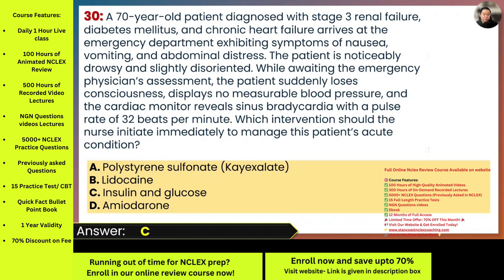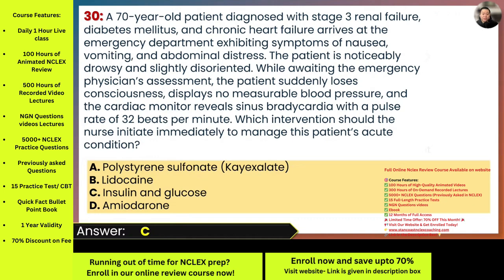The patient was originally drowsy, slightly disoriented, and has now lost consciousness. And their cardiac monitor shows that they have a heart rate of 32 beats per minute. So this is a clear indication of hyperkalemia affecting the client's heart rhythm, right?